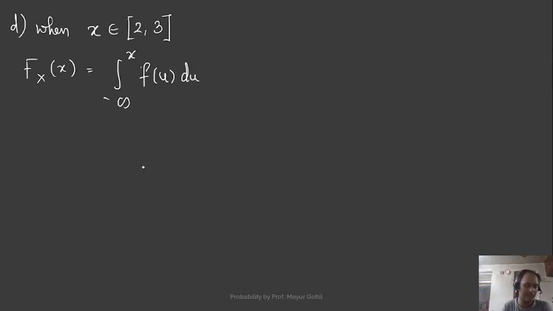Small f we are going to consider. Because the interval is like this, as we saw, it is 0, 1, 2, 3, and here it is infinity and here it's minus infinity. So now we are at this position, right?